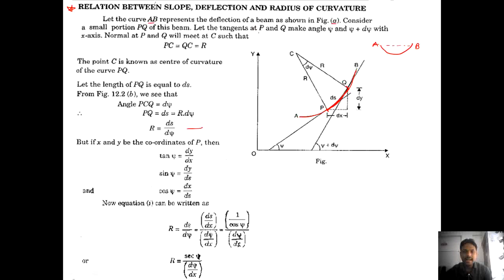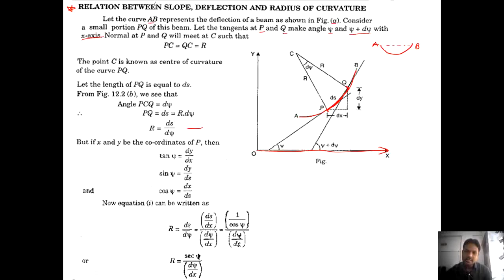Let the tangents at P and Q make an angle phi and phi plus del phi with the x-axis. So the tangent is to be drawn at point P and at point Q from the x-axis. This is your x-axis.